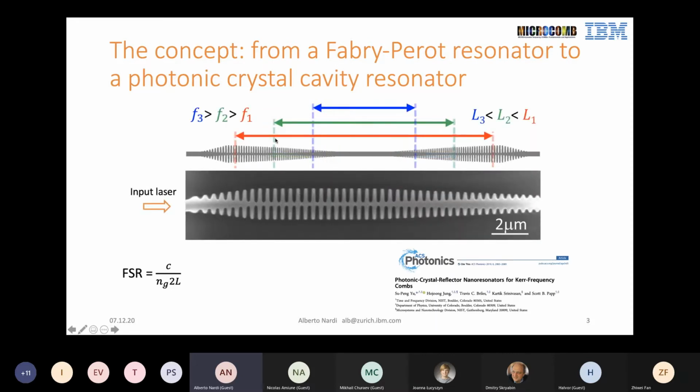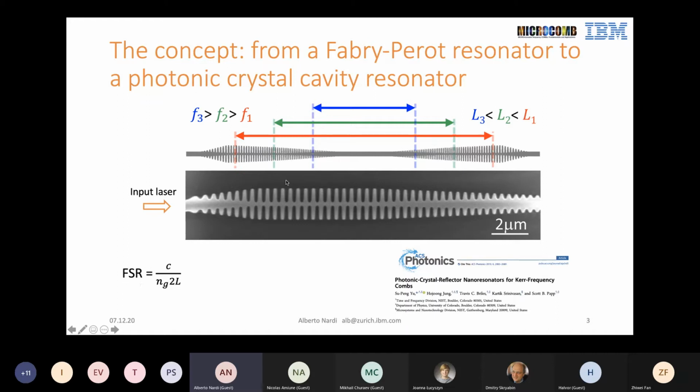So we start from mirrors that have a different length for each frequency. Each frequency that is resonating in the cavity will be reflected at a different depth in the mirror, thus having a different optical length in the cavity.